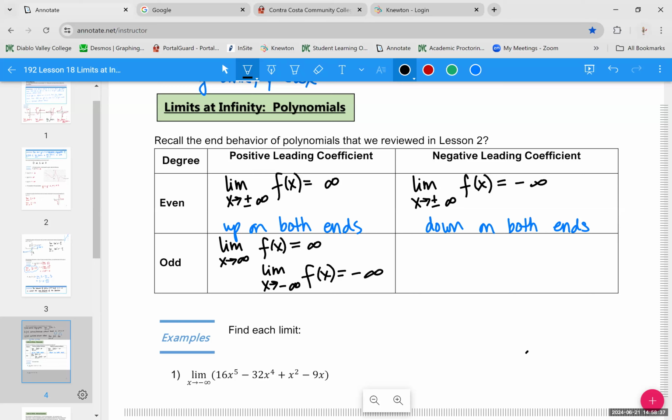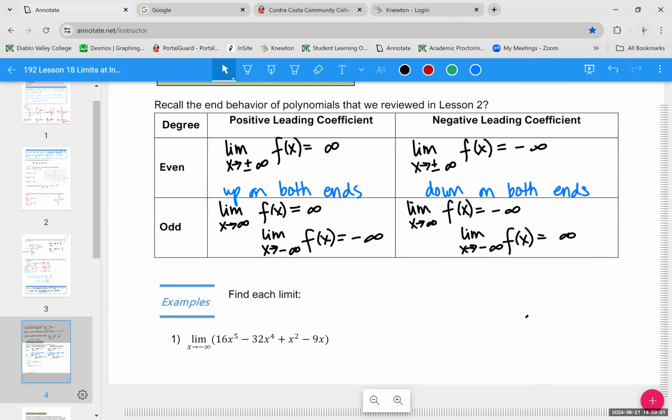So as x approaches negative infinity, the function will approach negative infinity. And then you're just going to flip those for a negative leading coefficient. Okay, so we've already done that review, but now we're just writing it with limit form.